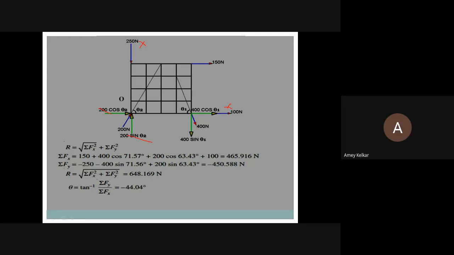Only 400 sine theta 1 will rotate clockwise, 400 sine theta 1 into 4. And this 150 force will also rotate clockwise, 150 into 4. This is how we can easily calculate the moment.